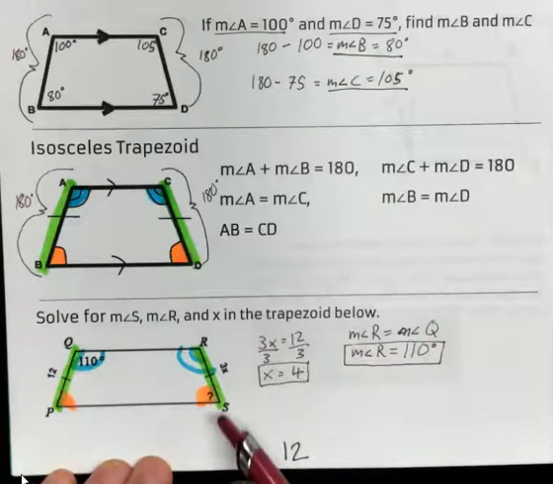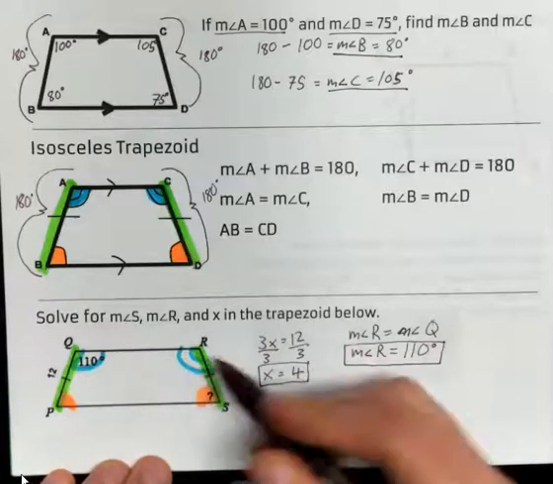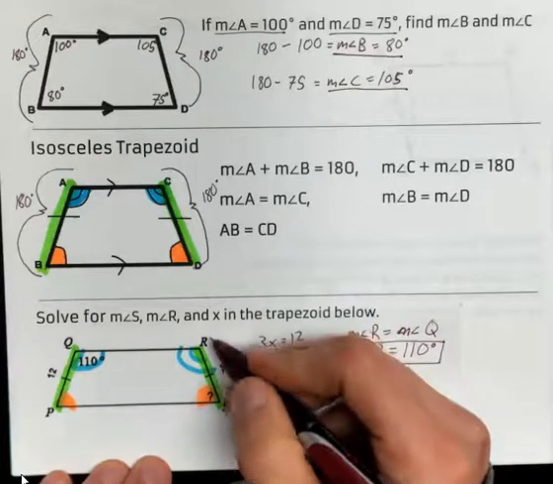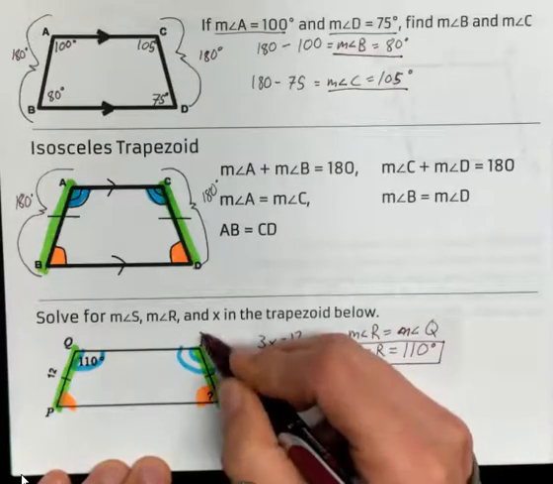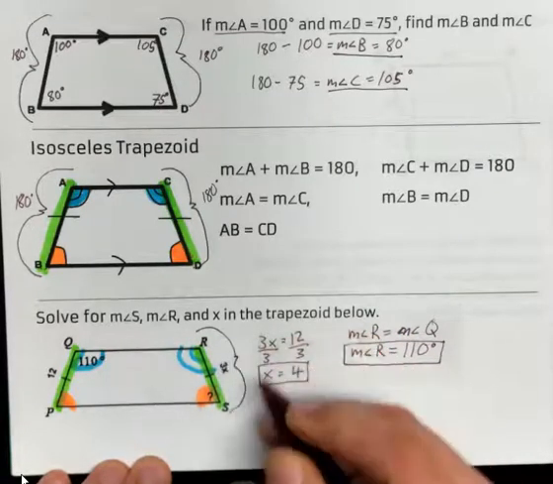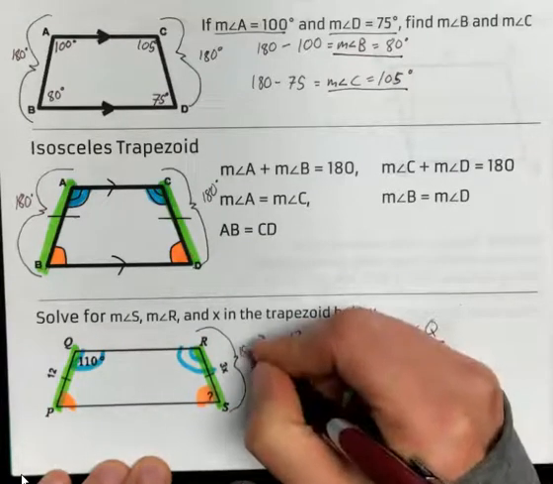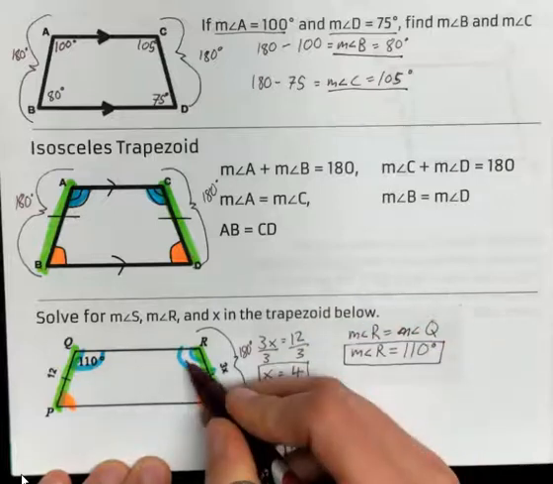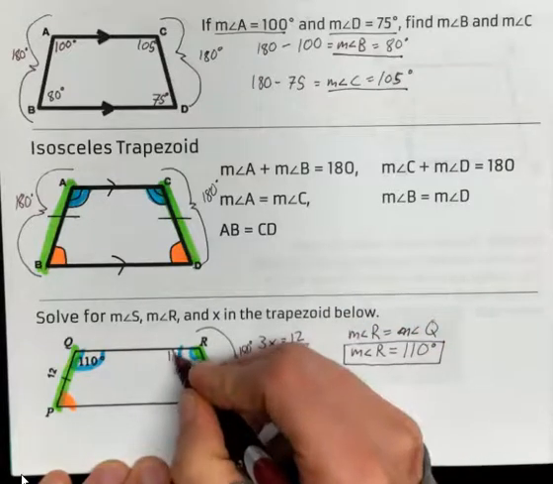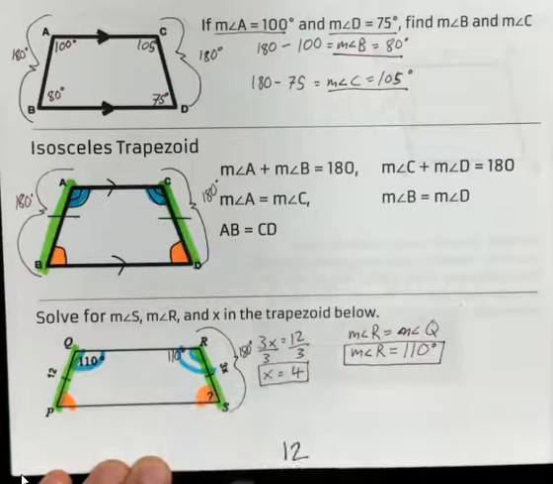Now it says to solve for angle S, because we got R, X. All right, so for angle S, I can use my rule saying that this angle plus that angle equals 180 degrees. And angle R we solved, we said it was 110 degrees.